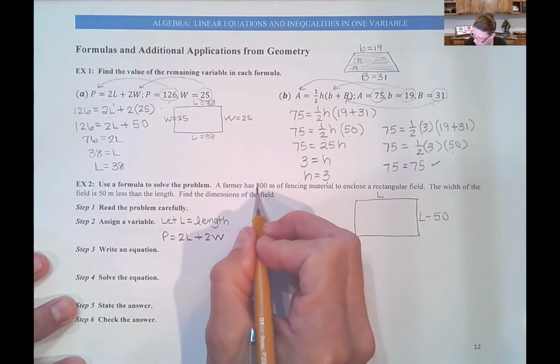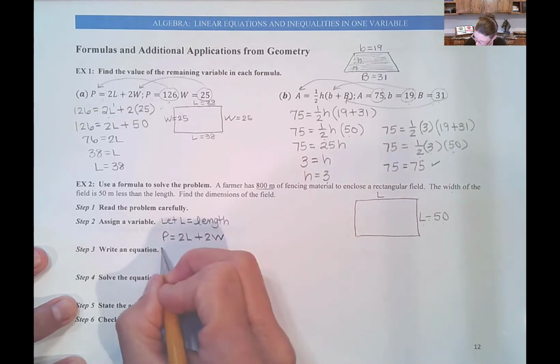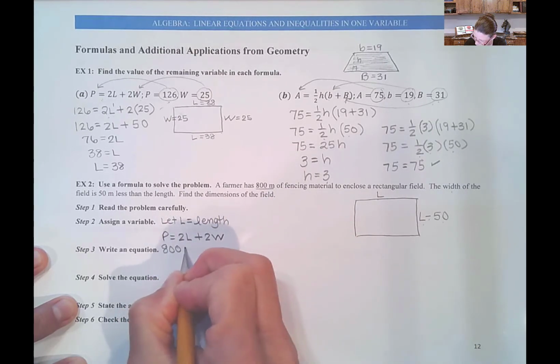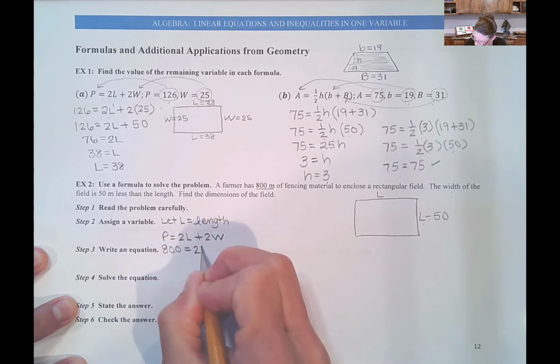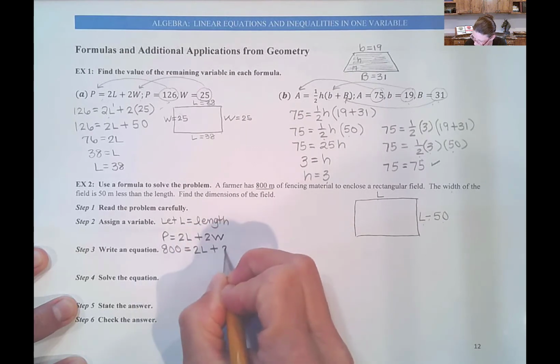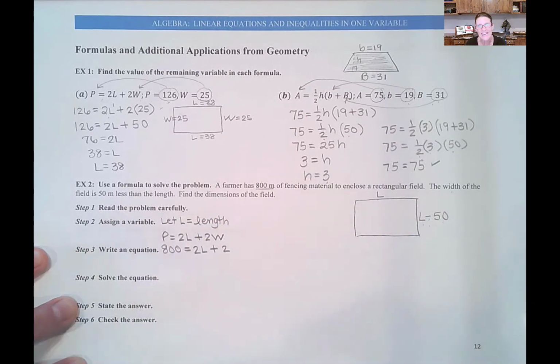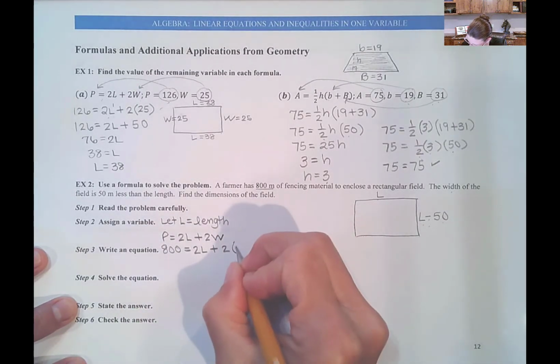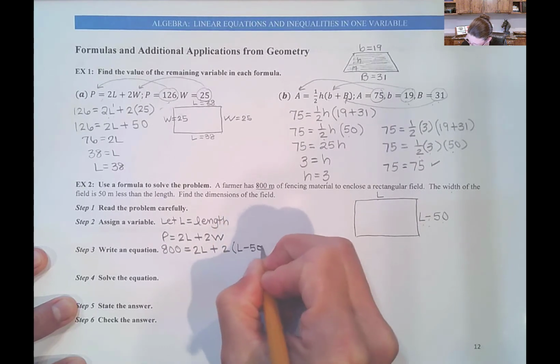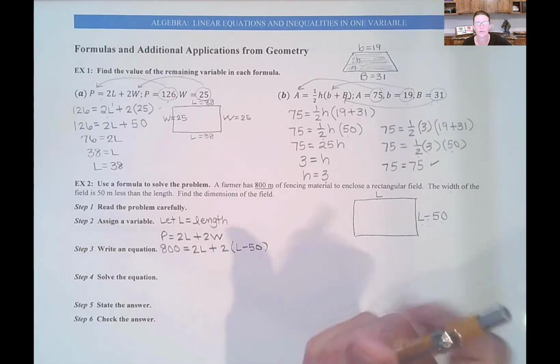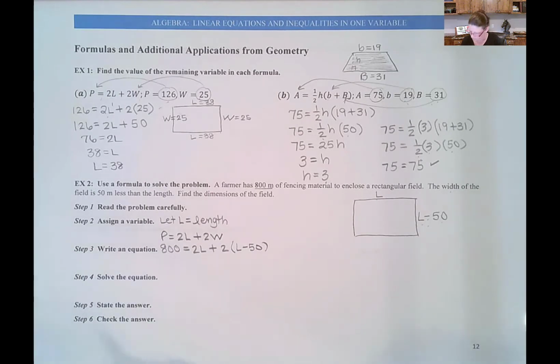We know that we're working with a perimeter of 800, so substitute that for P. We don't know the length, and we don't know the width, but we can at least describe the width using our single variable L, L minus 50. And what this allows us to do is write an equation with a single variable. Now we can solve for L.